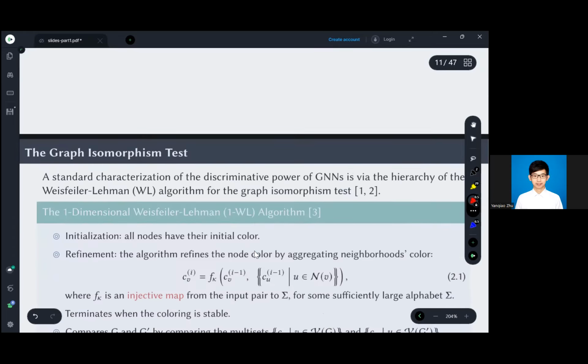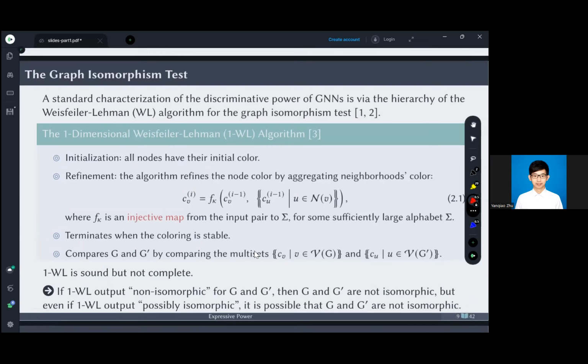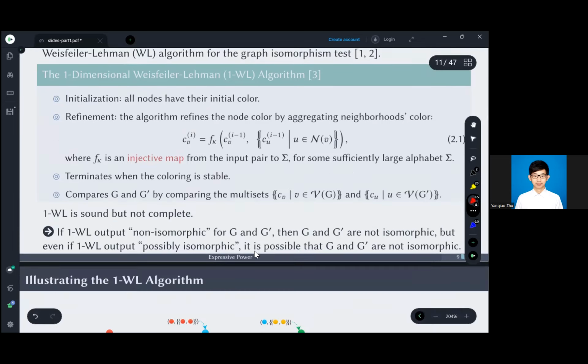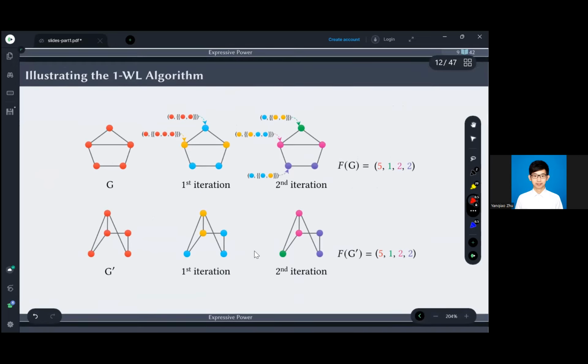Okay, so what is the graph isomorphism test? This is a typical characterization of the discrimination power or the representation power of GNNs. That is to say, given two graphs, can our graph neural network model identify whether they are isomorphic or not? Let me give you an example here.